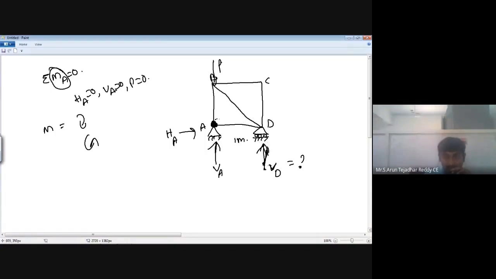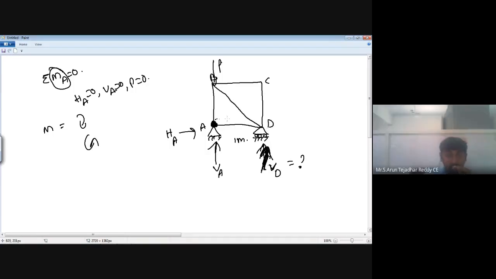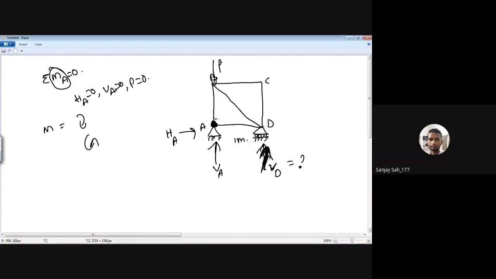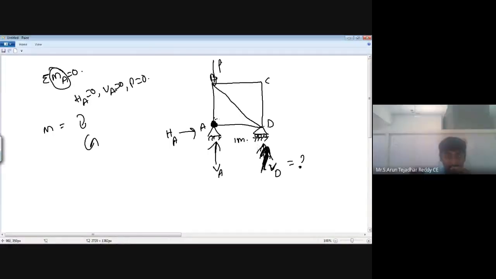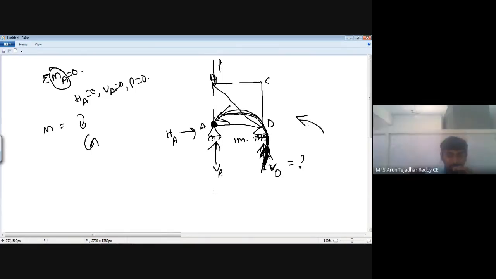The direction of VD is going upward, from D to A. See the symbol, is it clockwise or anti-clockwise? Anti-clockwise.